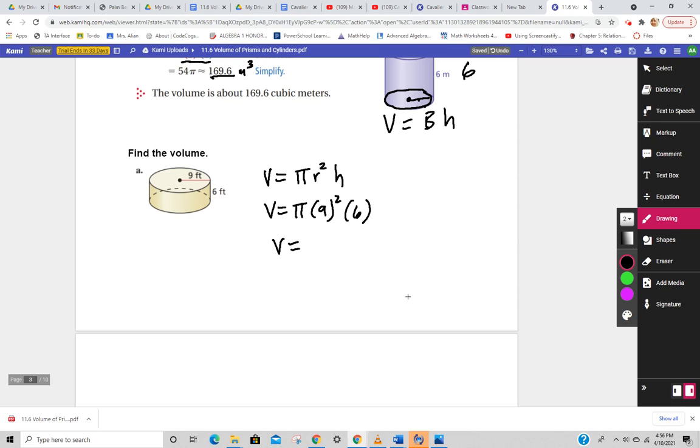That's 81 times 6, which will give us 486 pi. Let's multiply that out and see what that is approximately. Times pi. 1,526.8 feet cubed.